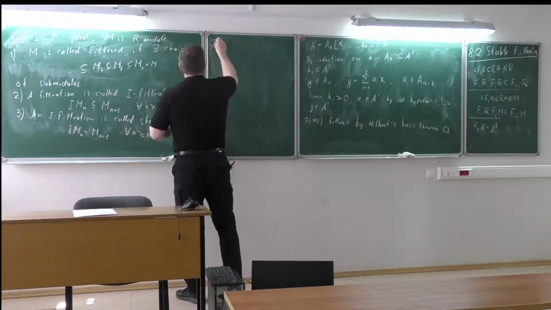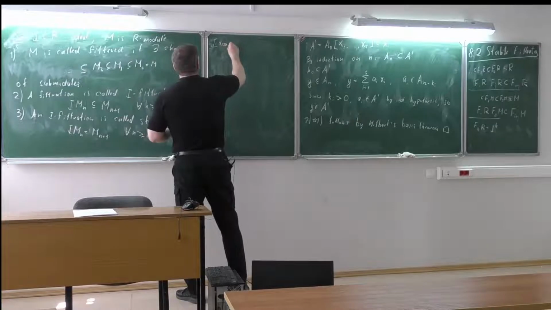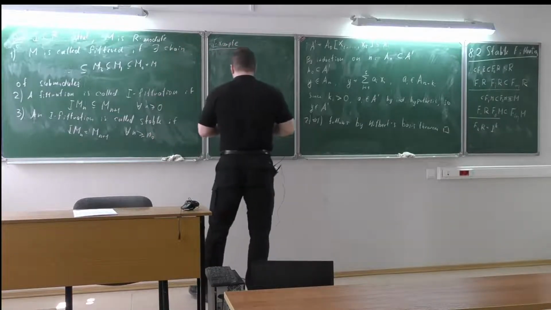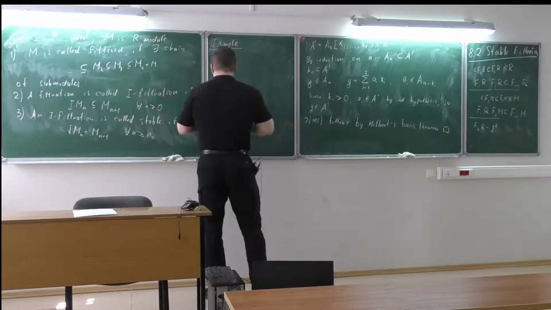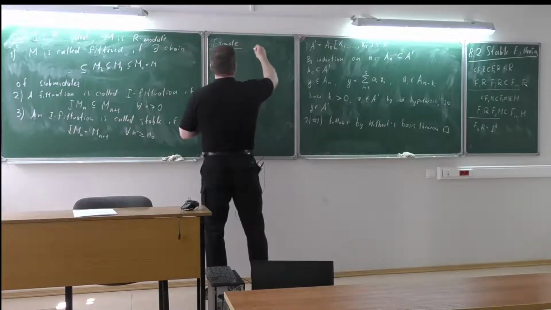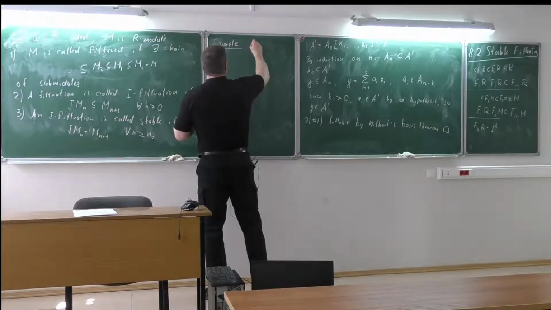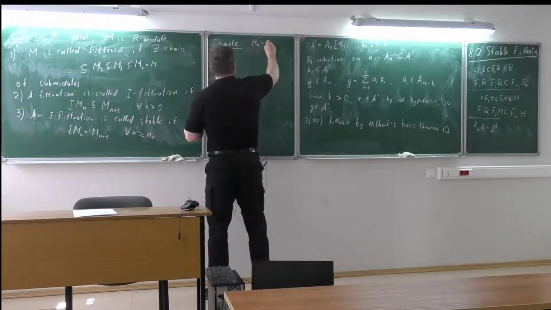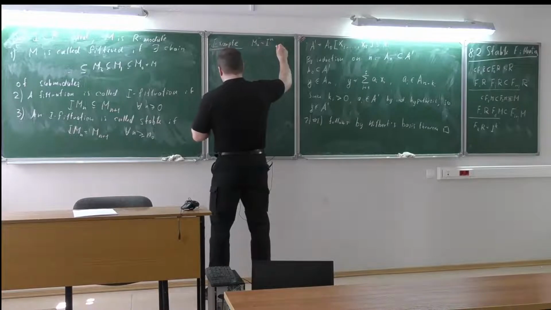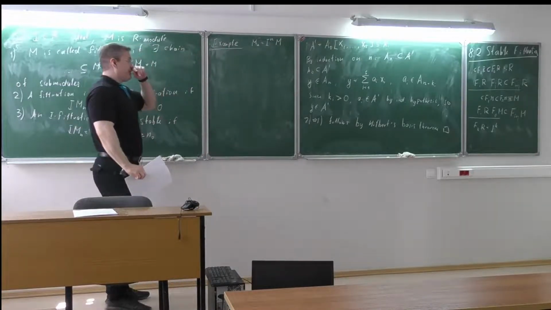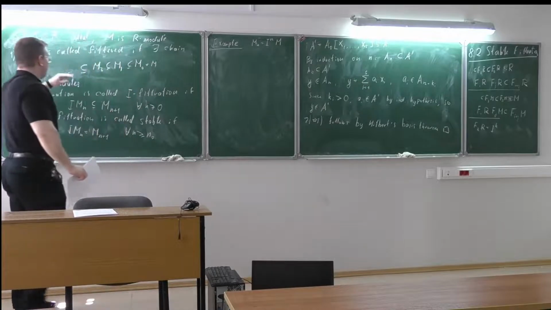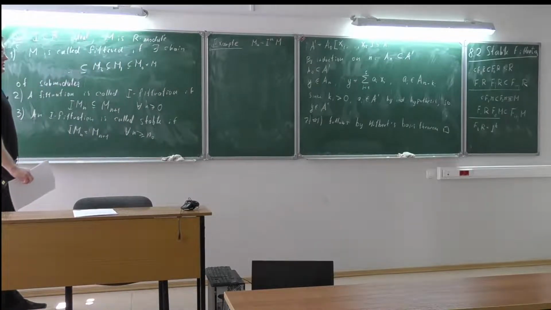So, example. I suppose that I have a ring and an ideal, and I can always define a filtration like this. So M_n is by definition I to the n times M. Right? So that's a submodule. Clearly, all three parts of the definition are satisfied.